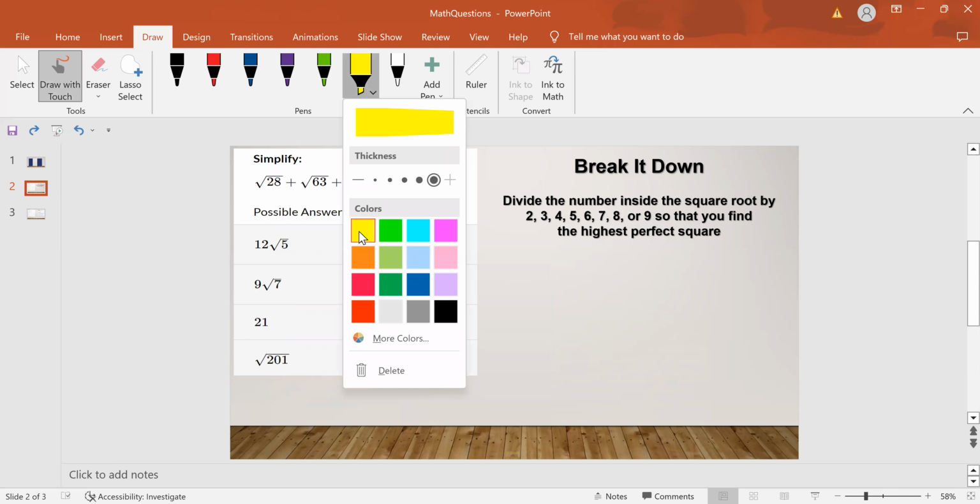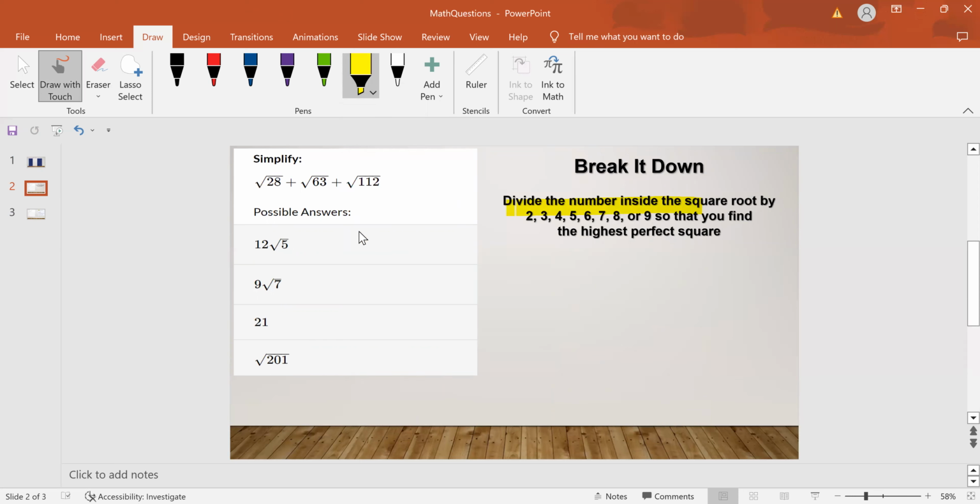Divide the number inside the square root by 2, 3, 4, 5, 6, 7, 8, or 9, so that you find the highest perfect square. We want to simplify these 3 square roots. We'll take it one by one.